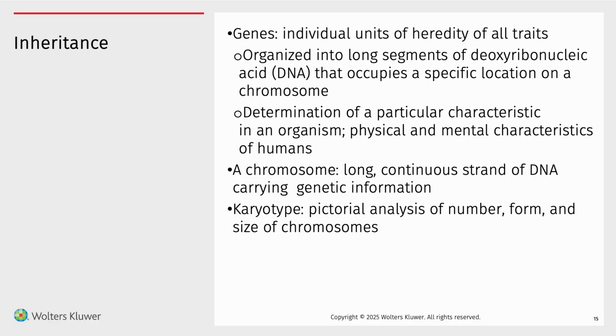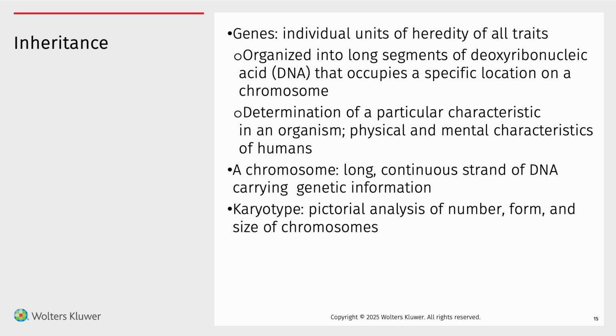Determination of characteristics: it's the combination of the genes inherited from parents that contributes to physical traits like your eye color and height, and mental characteristics. Some traits are influenced by multiple genes or by the environment as well.